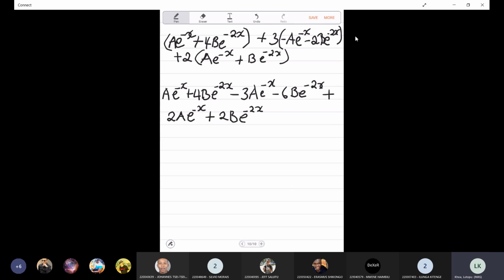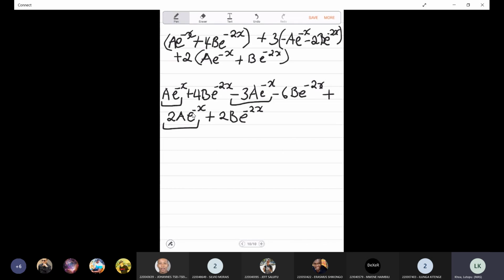And then we collect our like terms. So you can see this e to the power of minus x. There's another one here, e to the power of minus x. And this one over here, which is e to the power of minus x. So I have a minus 3a, which is minus 2a, minus 2a plus 2a is 0 times e to the power of minus x.